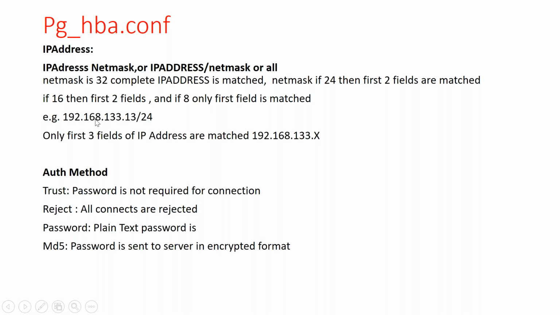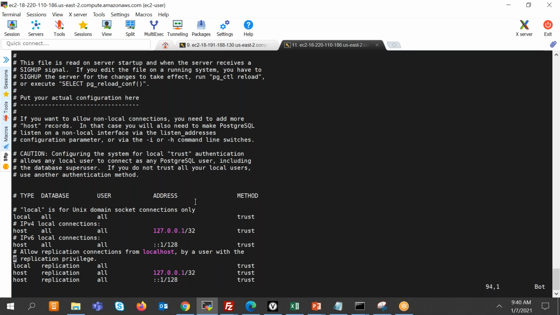I can specify any IP address over here, but it will look only at these digits. So I can specify /16 over here. In this example I have specified 127.0.0.1/32, then it will check that IP address.